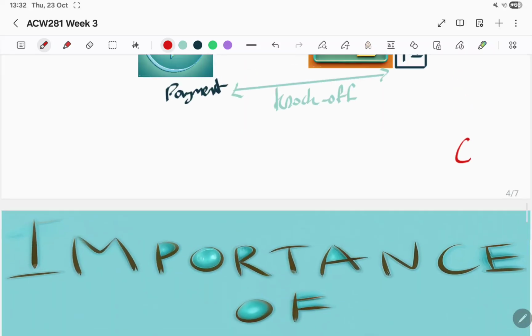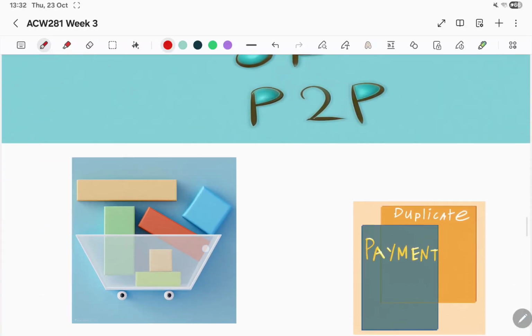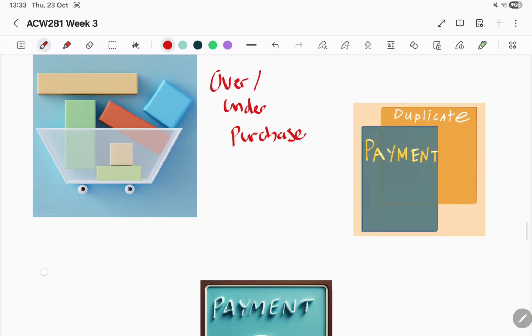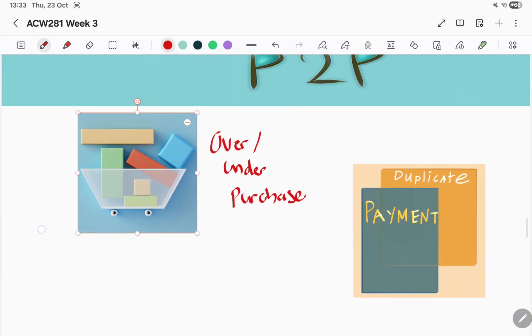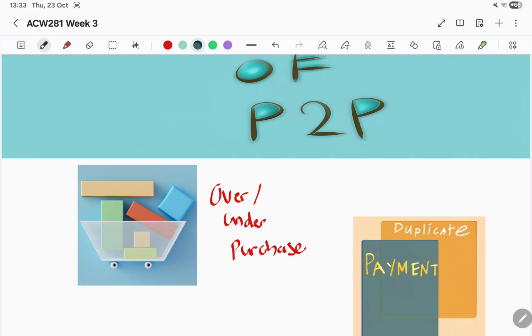The importance is quite clear over here. You want to ensure that you don't over or under purchase. You want to control the purchase.